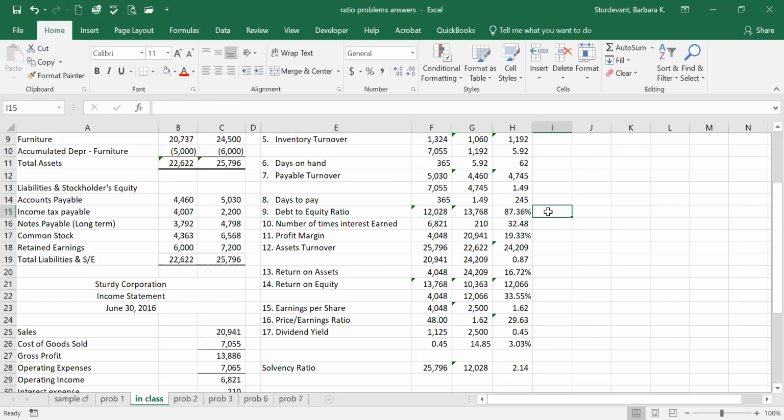And so we get 87.36%. And so that should not be a surprising number because we knew that this was about half. So we knew that this should come in about 100% because they're very close. Okay, just showing you the portion of debt, which is used to finance your assets, compared to equity, which is used to finance your assets.